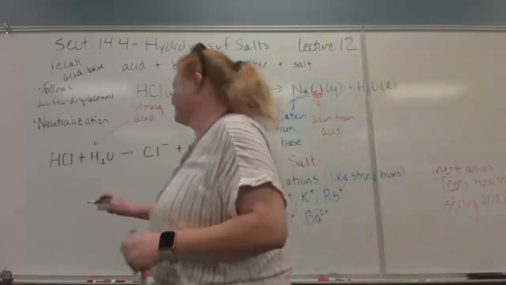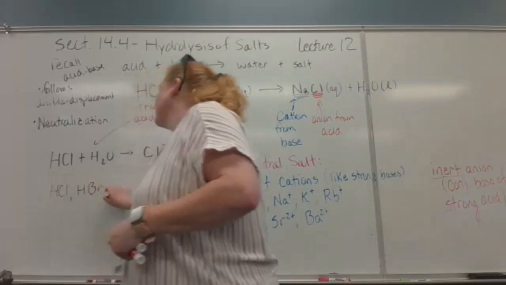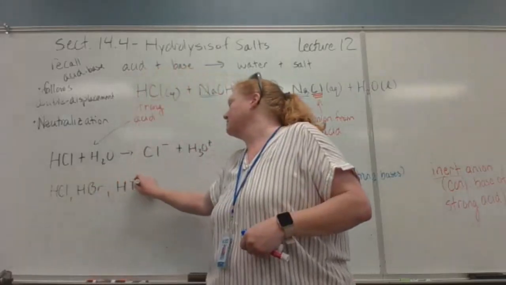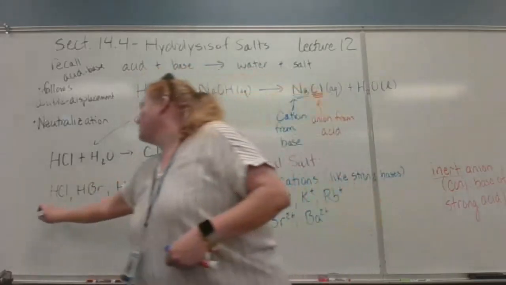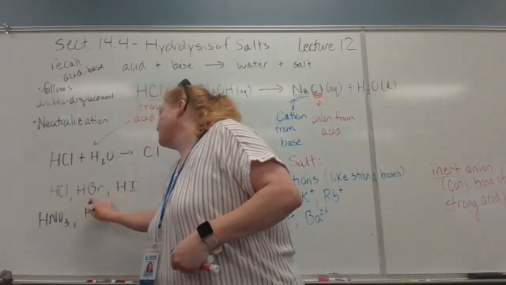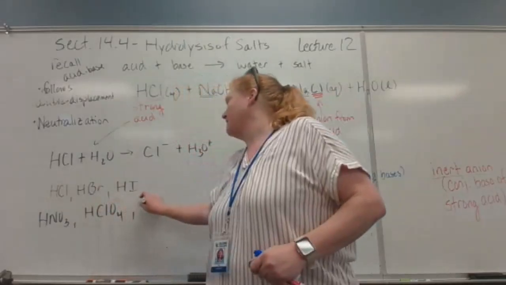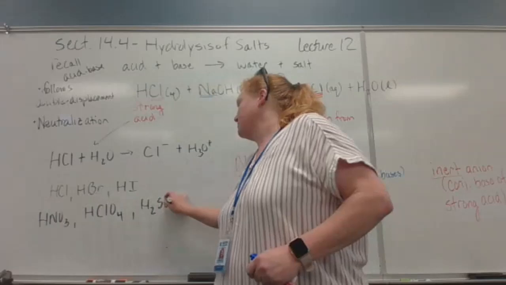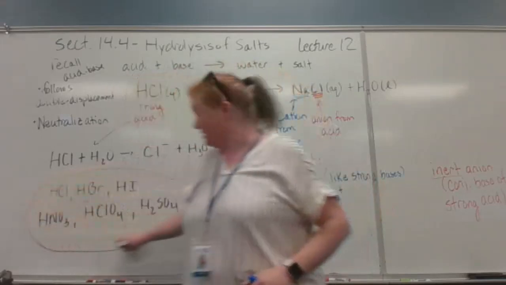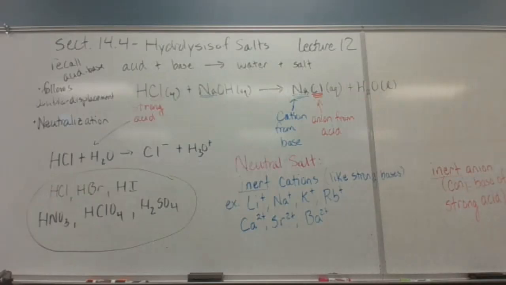What are the 6 strong acids? HCl, HBr, HI, nitric acid, perchloric acid, HClO4, and then sulfuric acid, H2SO4. Know those 6, know those 6, know those 6.